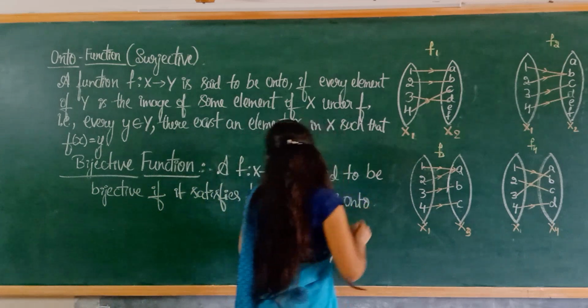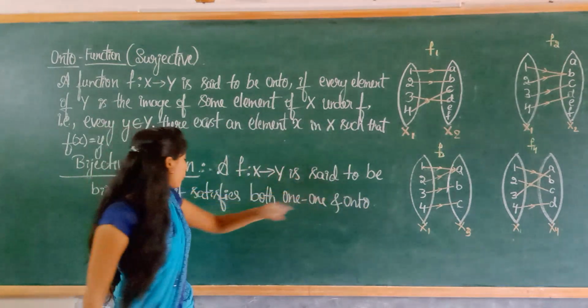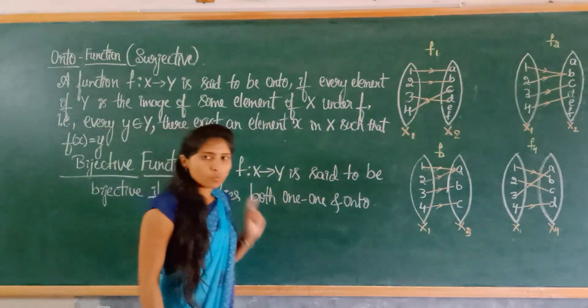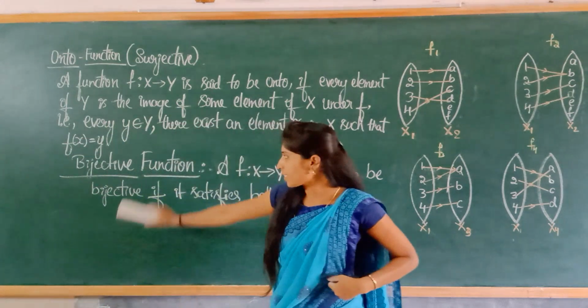See here, the function f from x to y is said to be bijective if it satisfies both one-one and onto. For that we call it a bijective function.